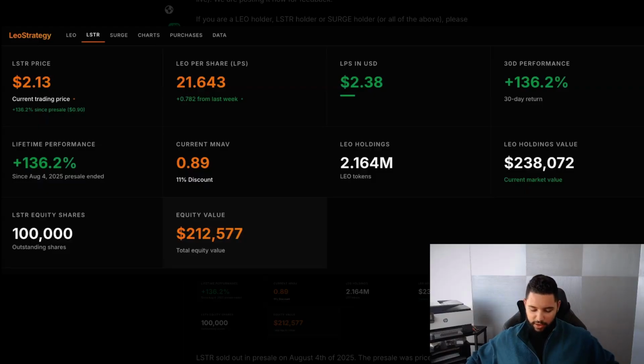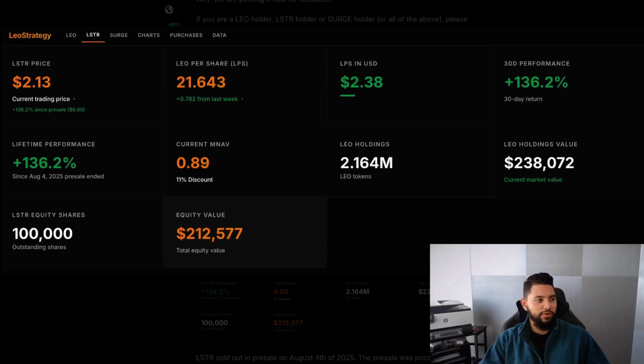One thing that I think is really interesting here is, as people learn more about LeoStrategy and how to value a strategy company, and by people, I really mean our community and whoever looks at LeoStrategy, you need to look at it similarly to these other strategy companies. With MicroStrategy, its value is not only the base value, which is essentially the net asset value on the balance sheet.